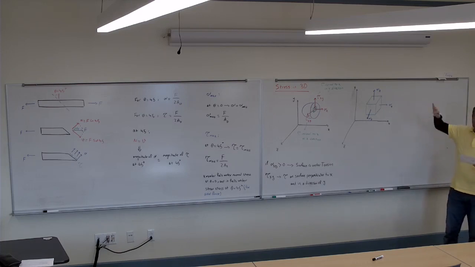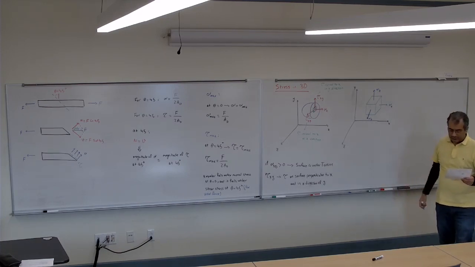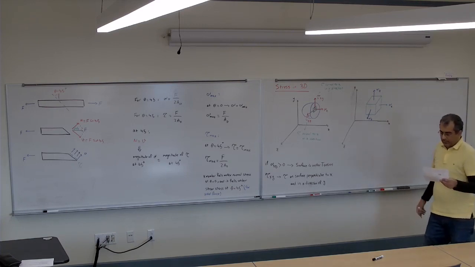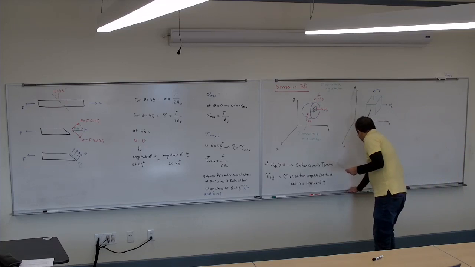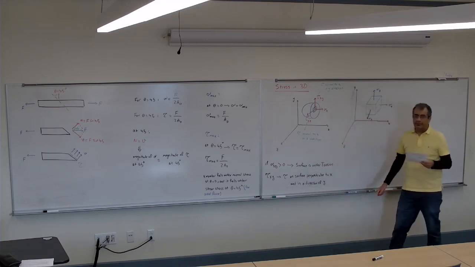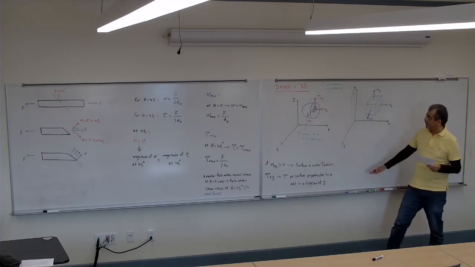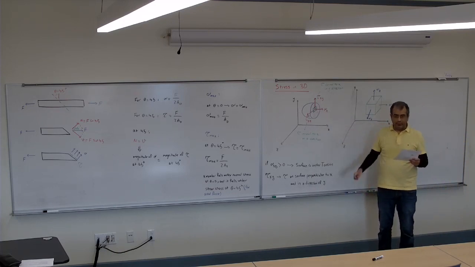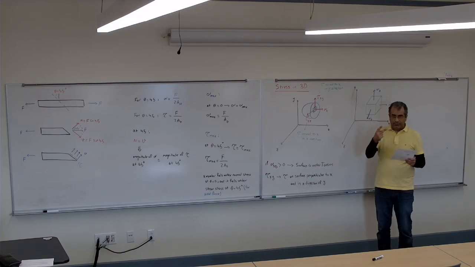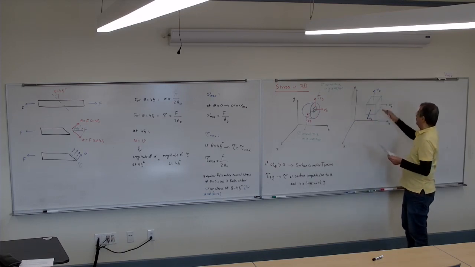And I have these three on the other three surfaces. Exactly the same thing. What about the tau? How many tau do I have on each surface? Similar to here. On each surface I will have two taus, one in each direction.